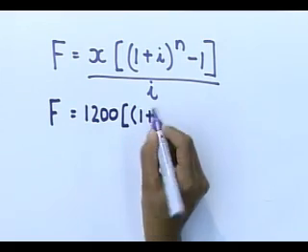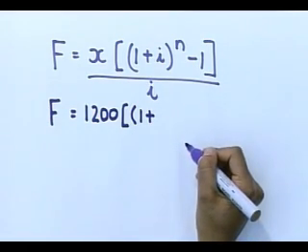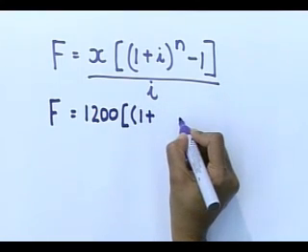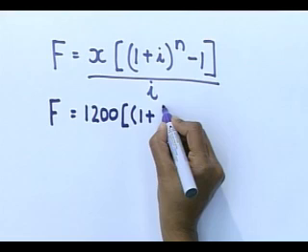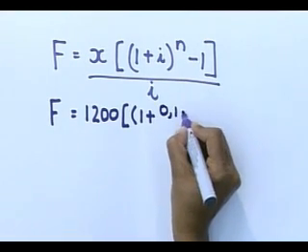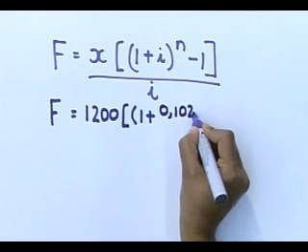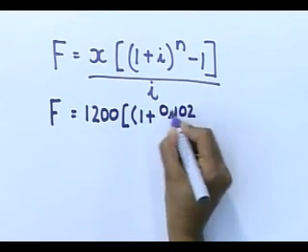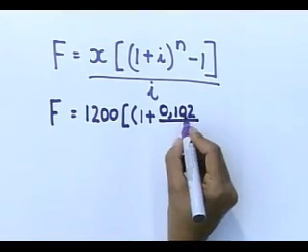Okay, what is my interest rate? 10.2% compounded monthly. Right, let's go. 10.2% is 0.102. Everybody, how did I get that 0.102? Remember, I divided by 100. It is compounded how, grade 12s?